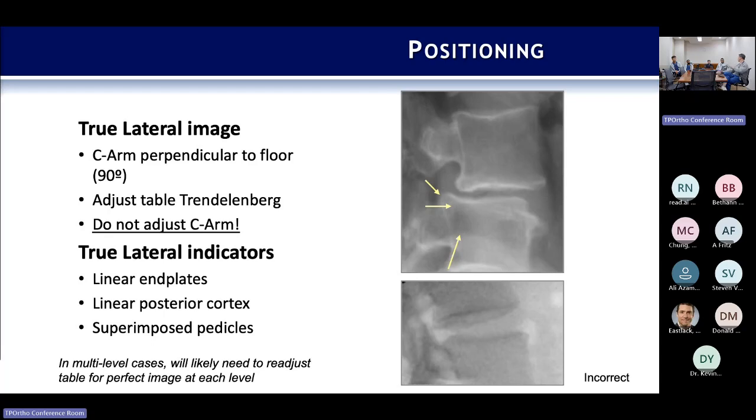If you have a scoliotic level, even if it's just segmentally scoliotic at one level, one end plate will be clean, the other one won't be. I like to have one clean end plate because it tells me I'm perfect, at least in that one end plate. So I get a super clean view of one of them. I don't care about the other one. And I always go with the caudal one because I figure I'm building a building, so I want the foundation to be perfect. That's my usual. So just make sure it looks like the top right, not the bottom.